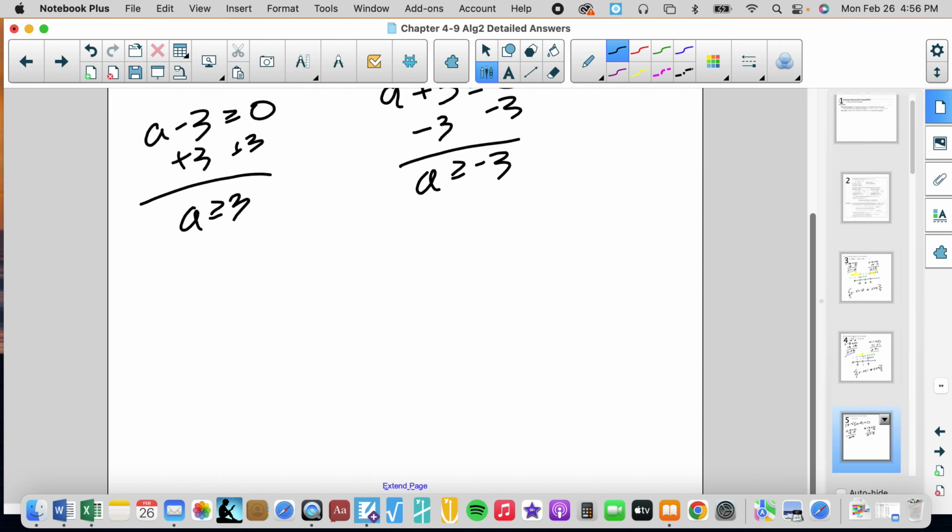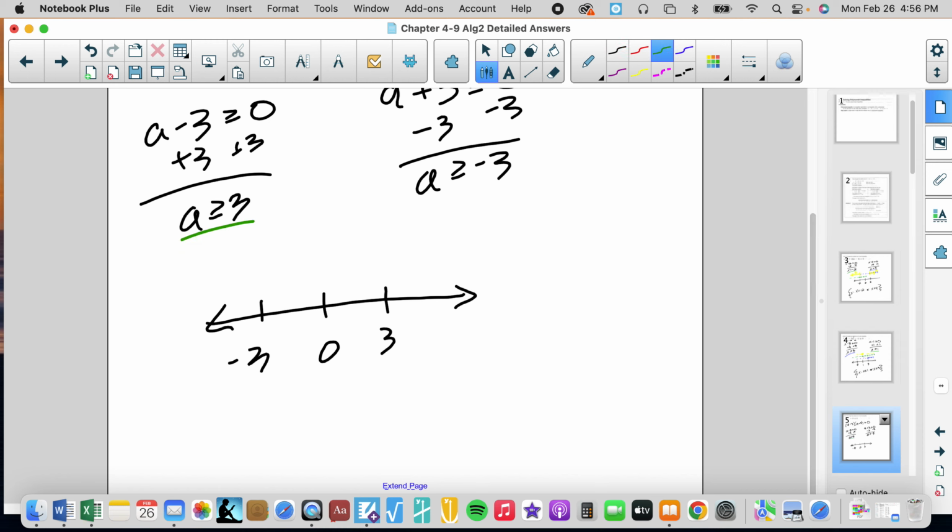Let's do our number line, so we have negative 3, 0, and 3. Let's do this in green. So green is going to be at 3, it's going to be 0. To the right is plus. To the left is negative.